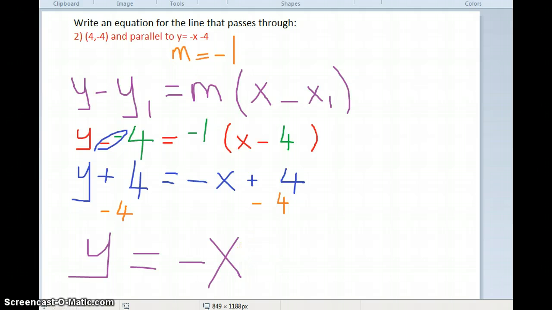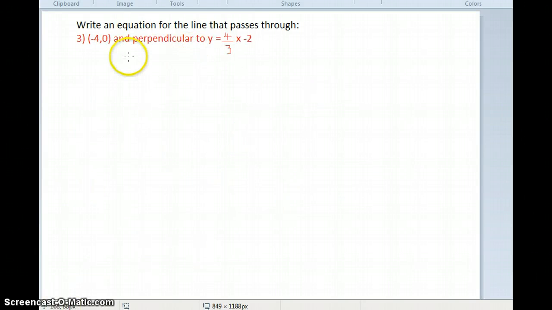Okay, let's look at the third problem. The third problem still had the same heading, write an equation for the line that passes through, and I gave you 1 point, and I didn't give you a second point. I gave you a definition of that line, a description for that line.